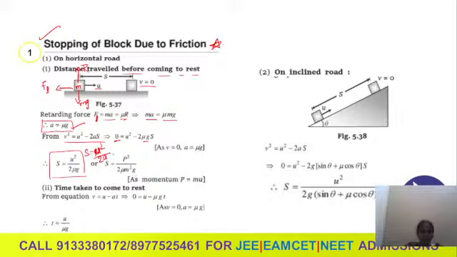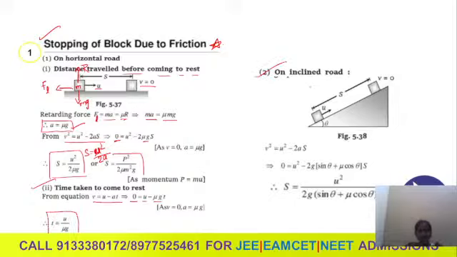And we can write the formula in terms of momentum, which is p square by 2 mu m square g. And next, the time taken to come to rest. What is the time taken? We use v equal to u minus at. Final velocity 0, initial velocity u, and the deceleration when coming to rest is mu g. So time taken will be u by mu g.